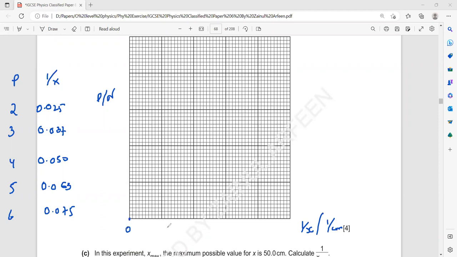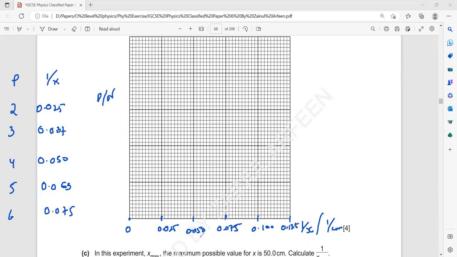So this should be 0. If it is 0.025, because the values are so small, this will be 0.025, this will be 0.050, this will be 0.075, this will be 0.100, and this will be 0.125.